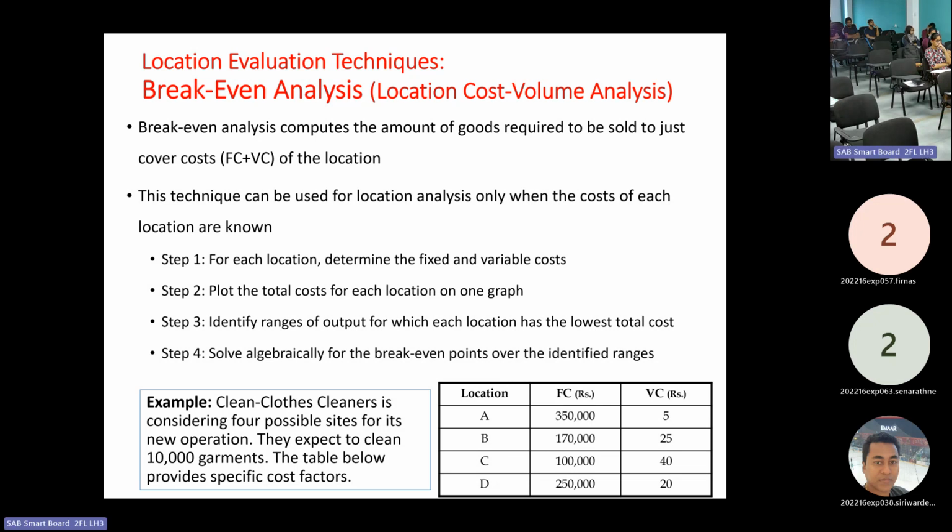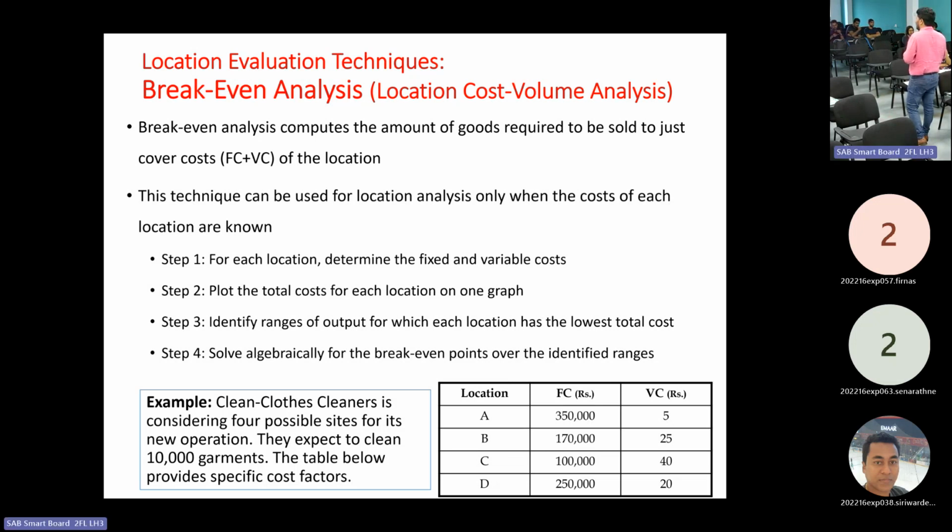Very simple hypothetical example. They are considering 4 possible alternative sites for their new operation. It further says they expect to clean 10,000 garments, and the table below provides cost details, fixed and variable cost. If you have to solve this, I recommend them out of these 4 places, which location is better by following these steps. How can you do that?